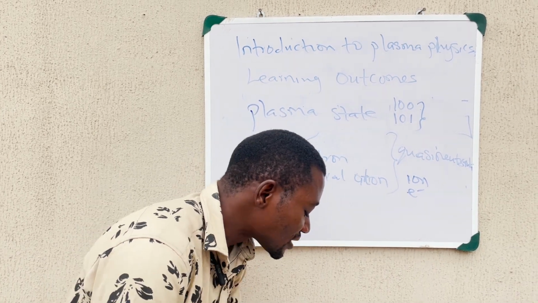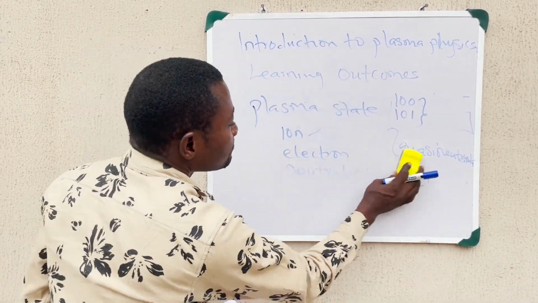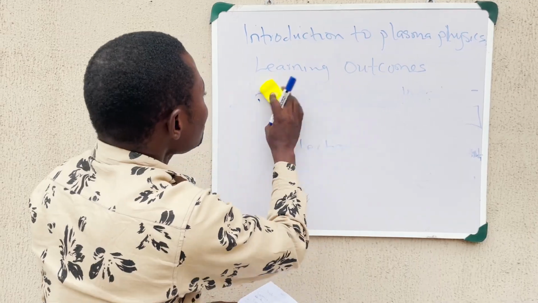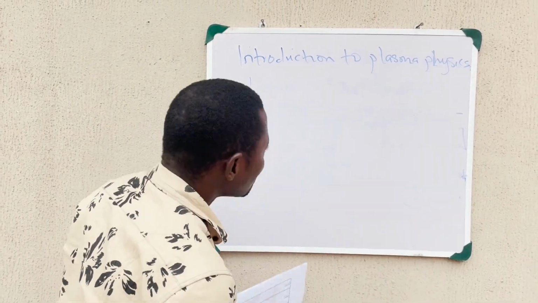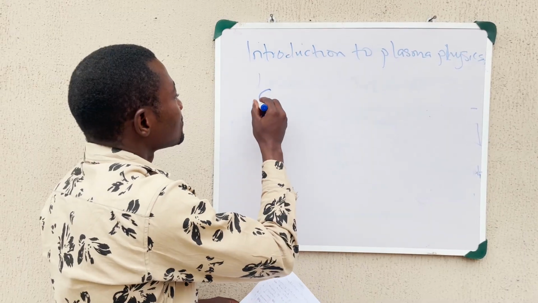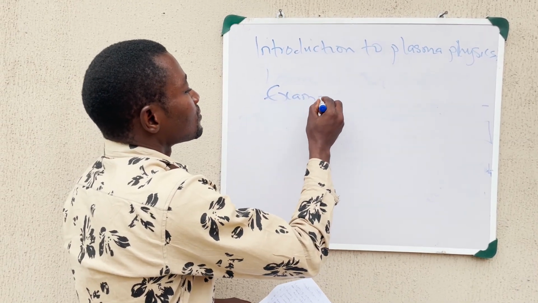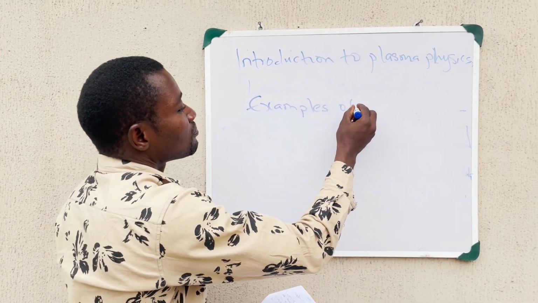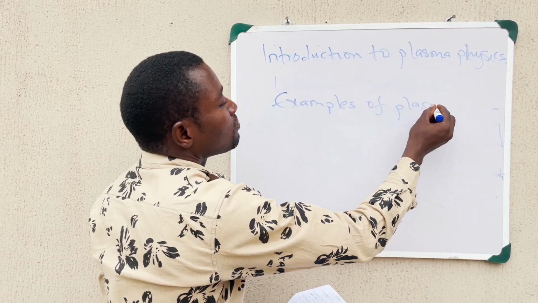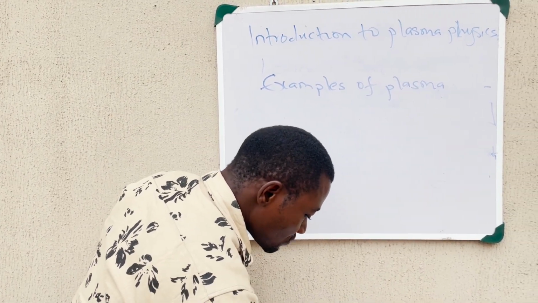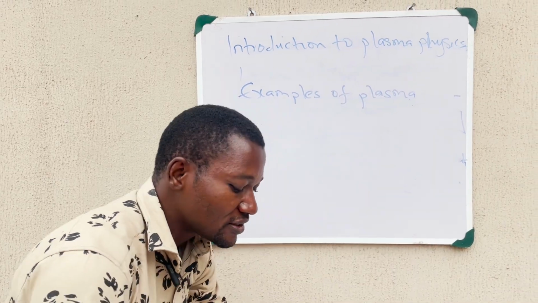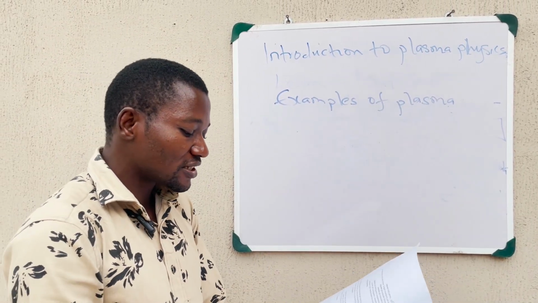Okay, let's look at examples of plasma. Having known what plasma is and what the plasma state is, we want to look at examples of plasma.